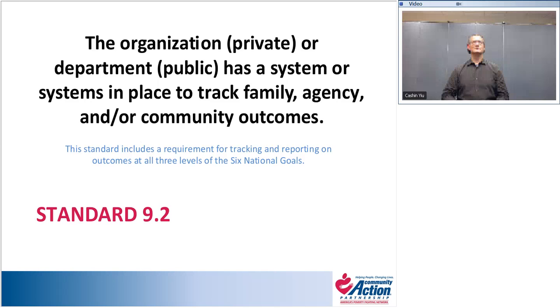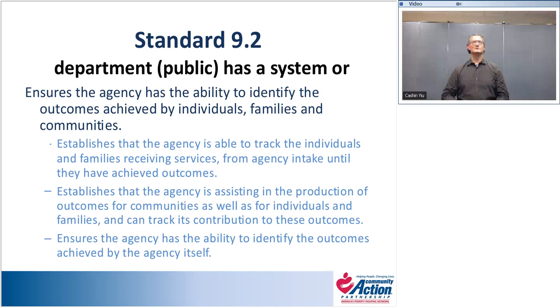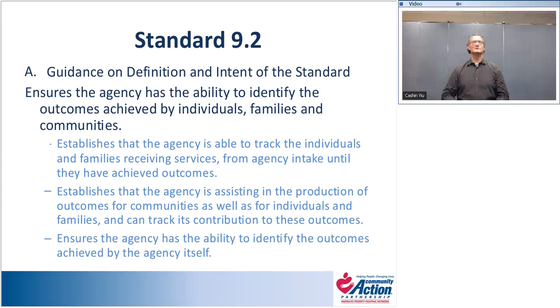The intent of this is to ensure that the agency has the ability to identify those outcomes. We look at it in these 3 ways that track the individual and families receiving the services from the intake till they have achieved the outcome. So that's important to consider. Keep that in mind as we move on here.